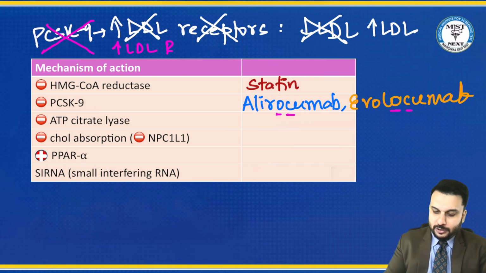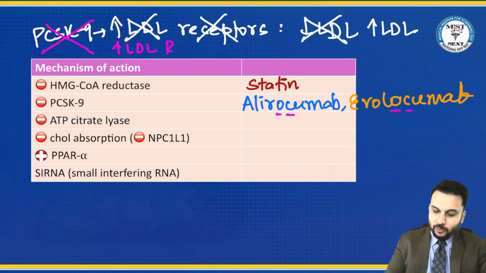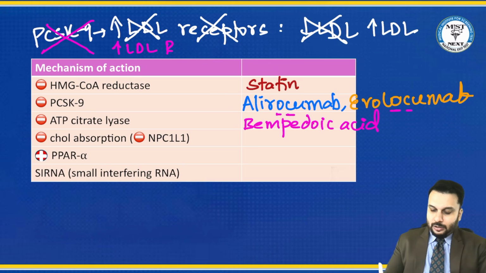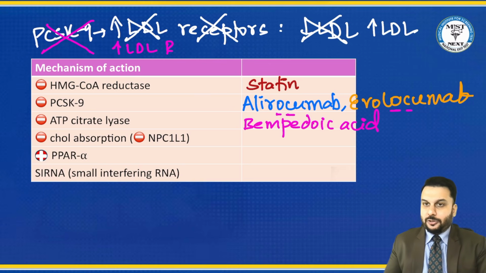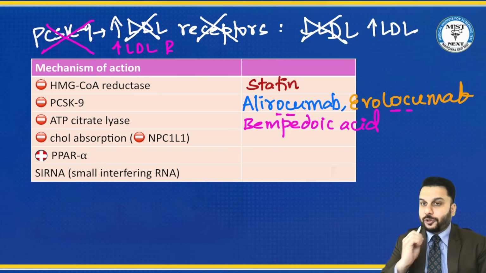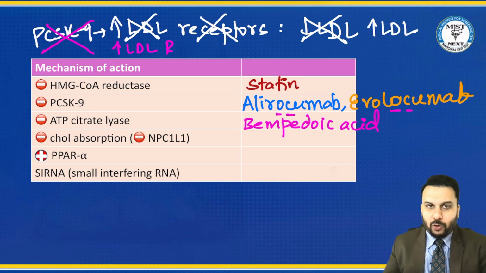Next, we just now studied the ATP citrate lyase inhibitor, that is bempedoic acid. Next, there is a drug that works in your intestine, in the gut. What does it do? It stops the absorption of cholesterol. If you're not absorbing enough cholesterol, cholesterol will be less in the body.